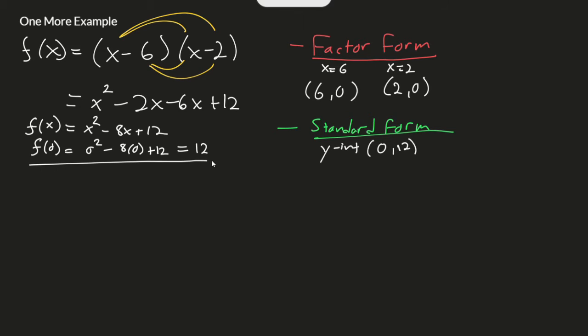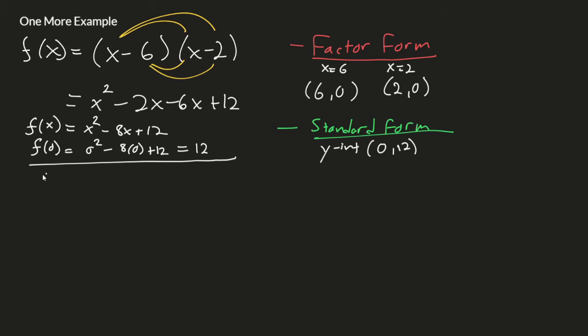The next step along the way is to convert standard form into vertex form. Now I can use the vertex formula, negative b over 2a, to extract the vertex that way, but I'm going to go ahead and show you how to represent standard form in vertex form so that we can easily see the vertex as well as the technique used to move from standard to vertex form.